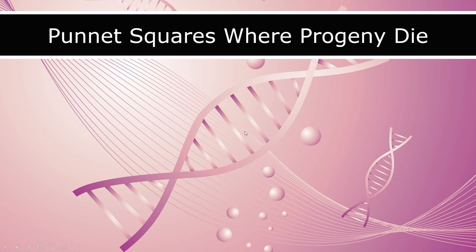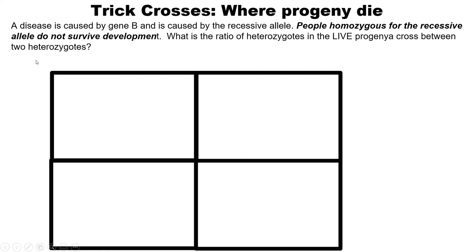The other question that people routinely tripped over were the Punnett squares where the progeny die. I think in the Go Formative it was something about creeper chickens. And the problem did say up front that chickens that were homozygous for the dominant allele did not survive.